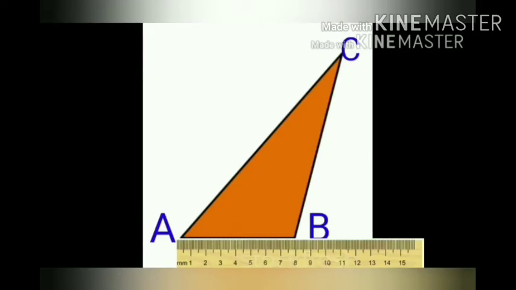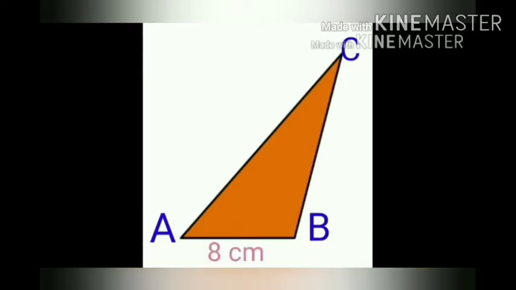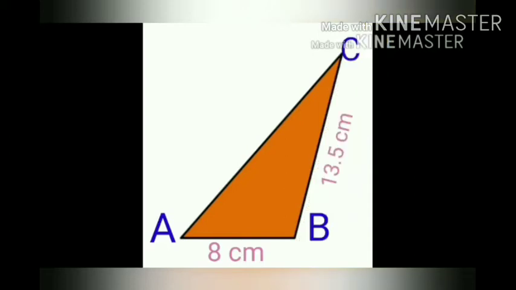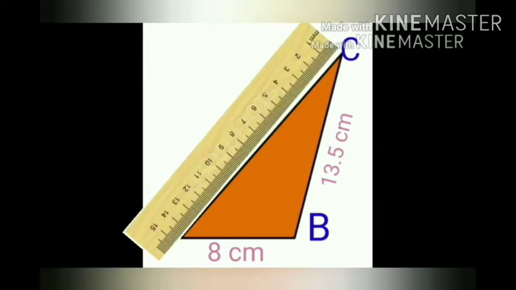Here we have taken a triangle ABC and we are measuring AB. 8 centimeters we got. Now let us measure BC. So if you see here, BC is 13.5 centimeters. Now we will measure AC.